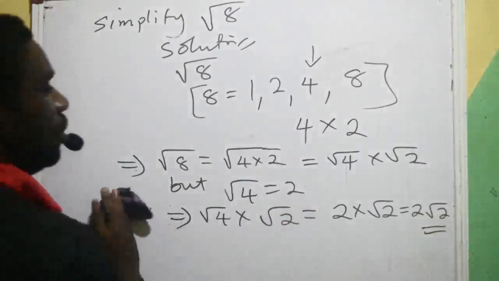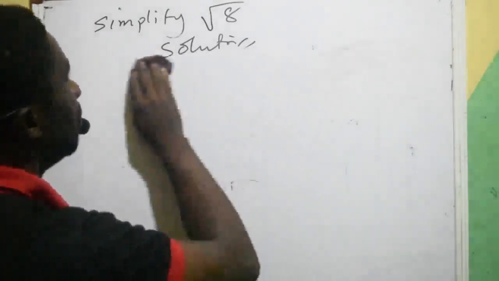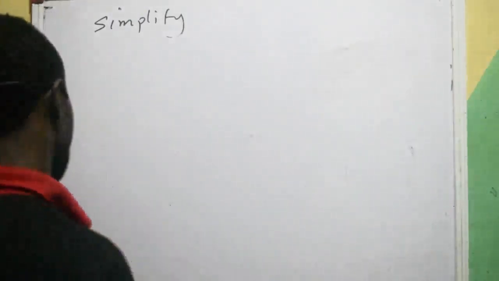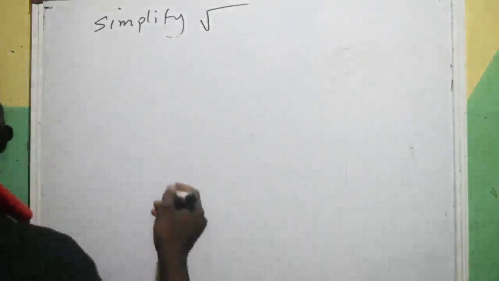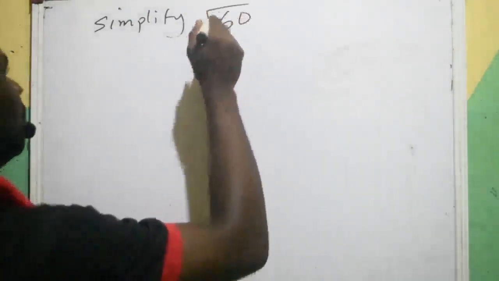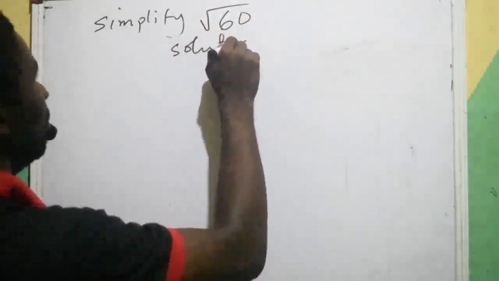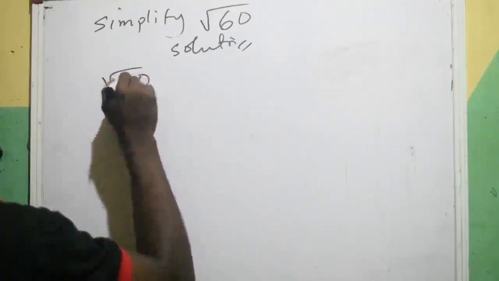So the last example in today's video: let's say I'm giving this guy to deal with, square root of 60. So the solution to this will be, you write it down, square root of 60.